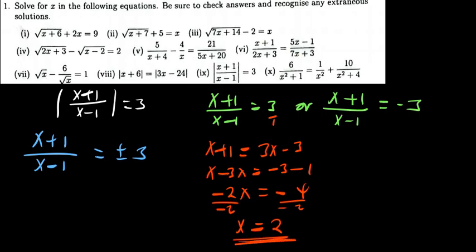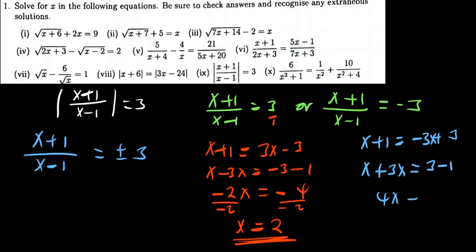Let's do the one for the negative. If I cross multiply, I'll end up having x plus 1 is equal to negative 3x plus 3, like that. I'll have x plus 3x is equal to 3 minus 1, like that. 4x is equal to 2.